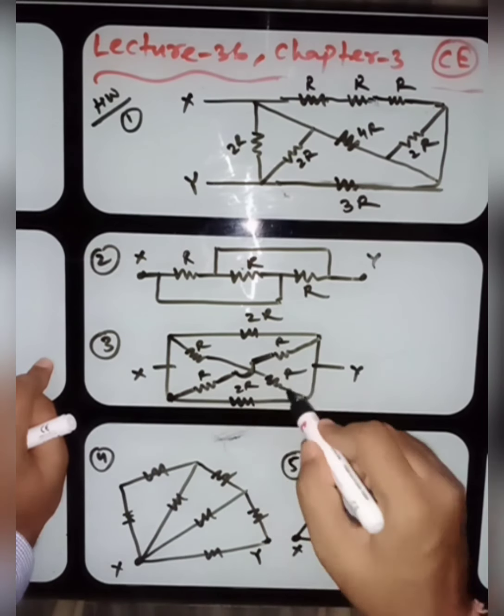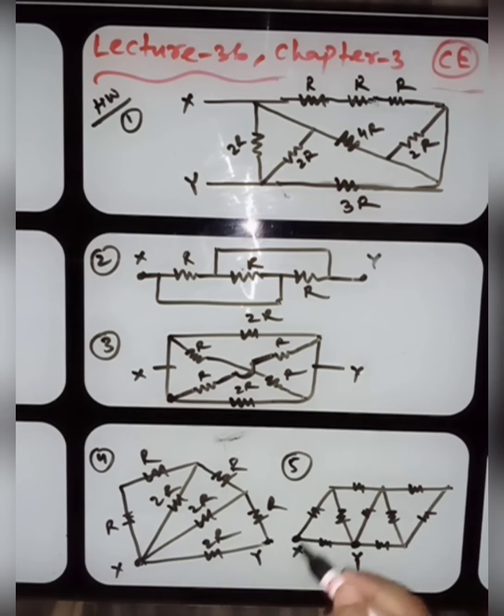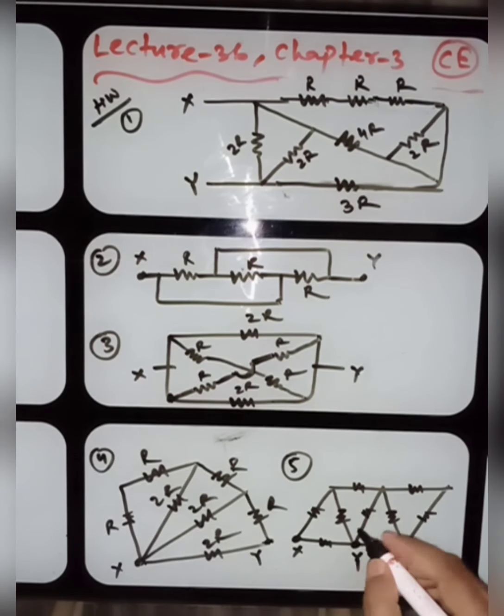Now this question. In this question I'm giving you R, 2R. This is also 2R. Again, you have to find the equivalent resistance between X and Y. Now the fifth question here. Suppose this is R. This is R, 2R.